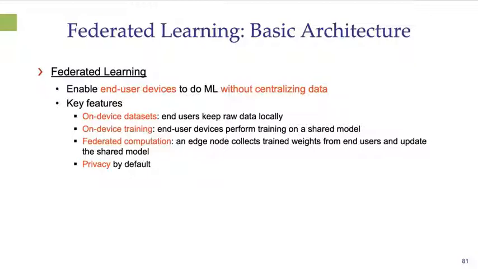So if we think about a neural network, for example, those are going to be aggregated in some way, perhaps averaged. And then that shared model is going to be sent back down to the end user devices, where the process can be iterated. And in this situation, we're going to get privacy by default. And I really should put that in quotes because I'm going to say a bit more about that later. There are some issues there. But basically, what this means is that the actual raw data is not going to be transmitted anywhere. It's going to stay on the end user device.